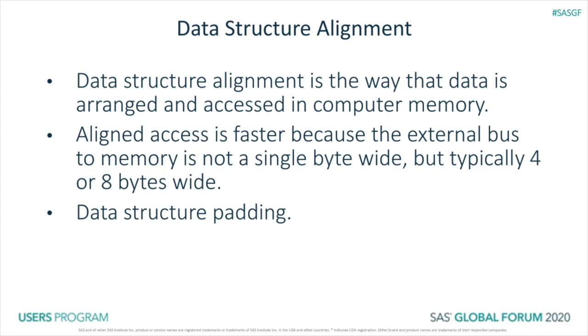So we're accessing 8 bytes at a time versus just a single byte. Well, obviously, your data isn't going to always be a multiple of 8 bytes wide, so your data is going to have to be padded with blanks to reach that 4 or 8 byte boundary. And it's this padding that takes place during data structure alignment that is the reason why your CAS table is going to be larger than your SAS data set.